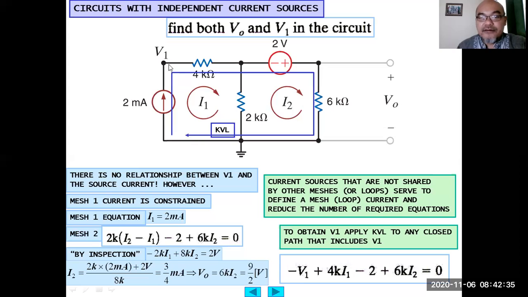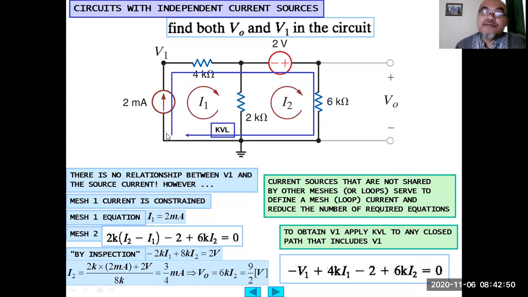So negative V1 plus 4K I1. Why negative V1? Because here current flows upward, right?